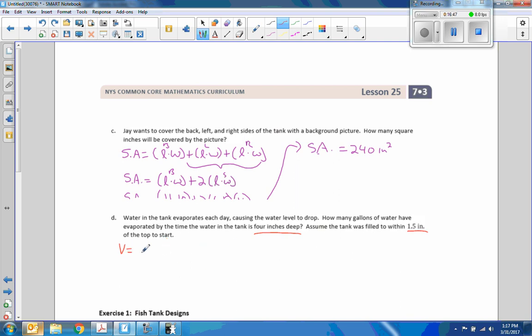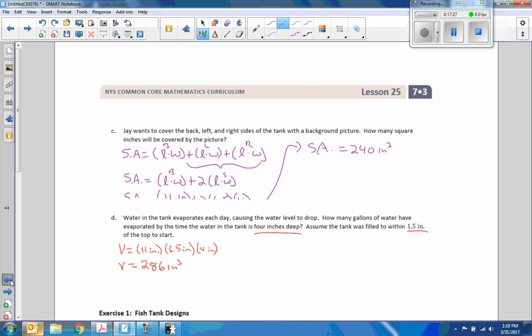Volume equals 11 inches times 6.5 inches times 4 inches. So 6.5 times 4 is 26, times 11 is 260 plus 26, 286 inches cubed. Okay, so there's the volume of when the water is only 4 inches deep.